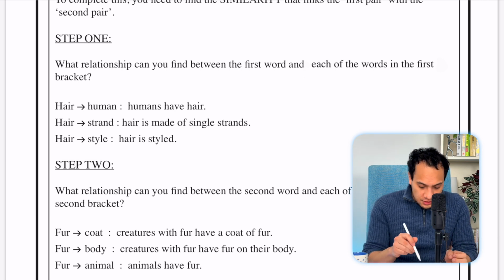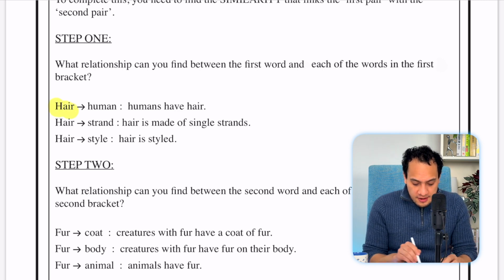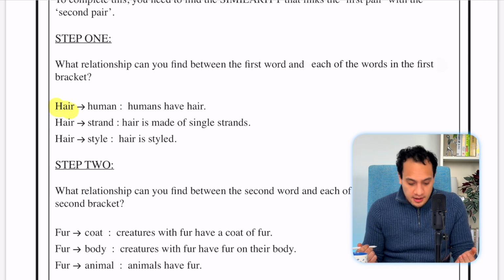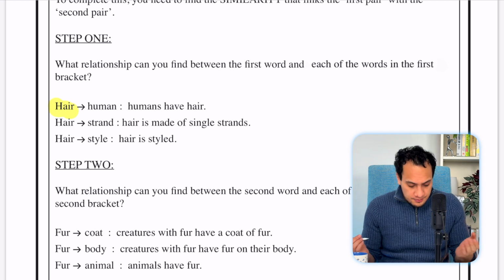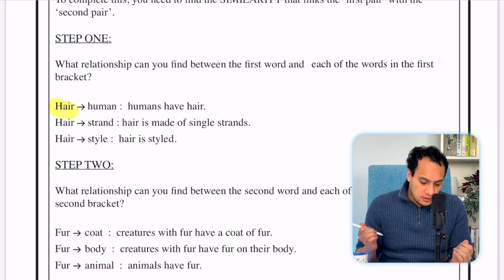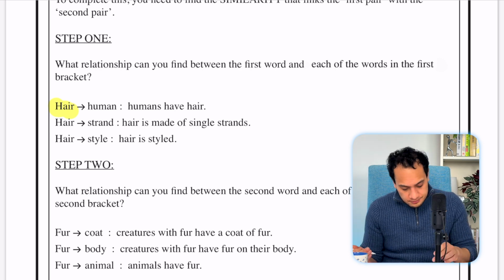So our first word is hair, and that relates to humans because humans have hair, and then hair to strand. Hair is made of strands of hair. And our final word is style. So hairstyle, hair can be styled.